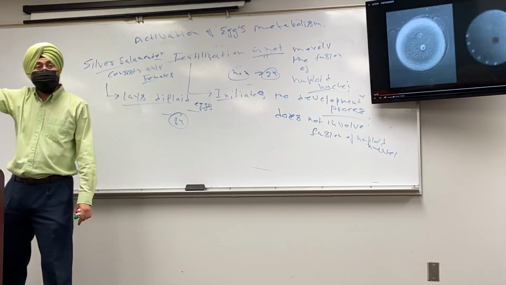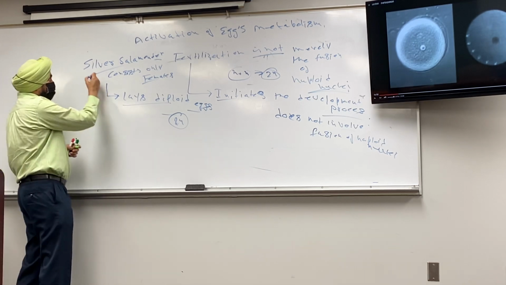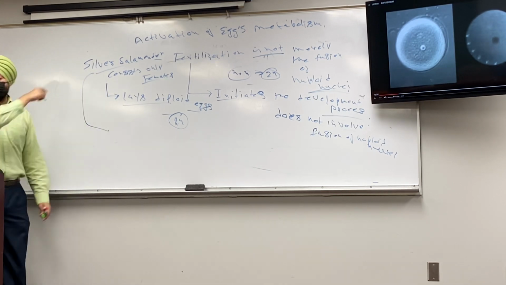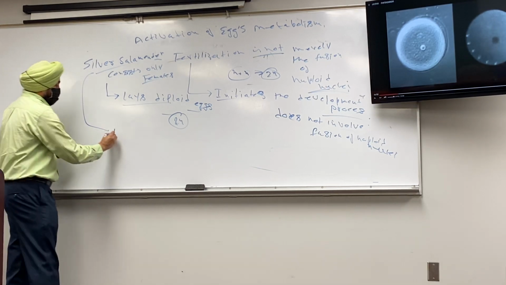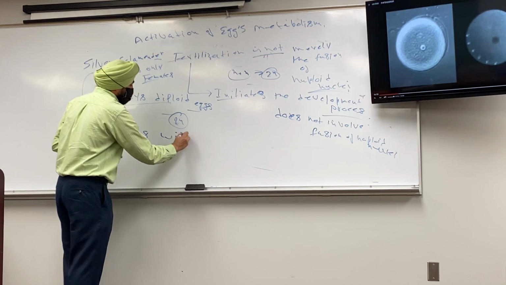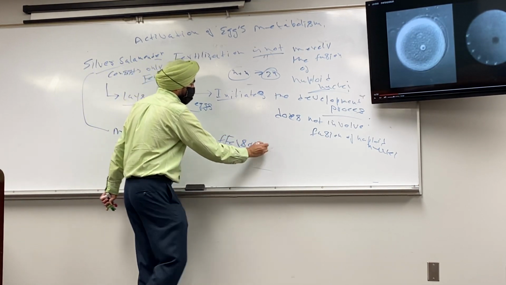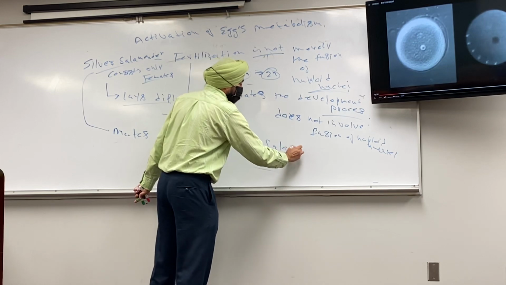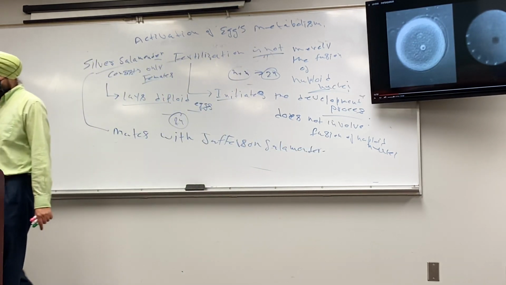But it never happens. So this species, the silver salamander, actually mates with the Jefferson salamander.